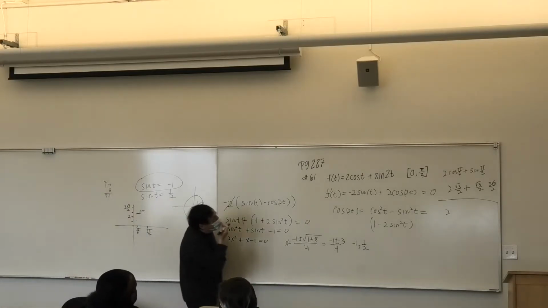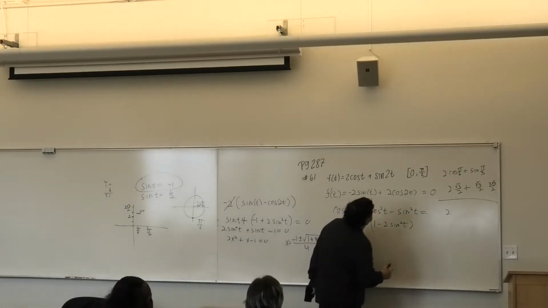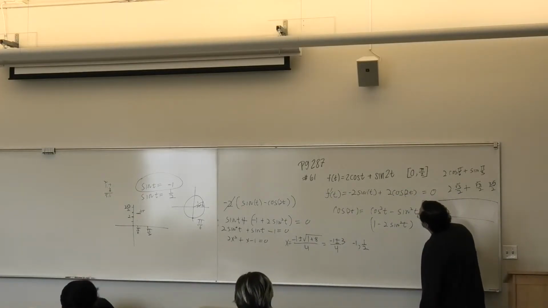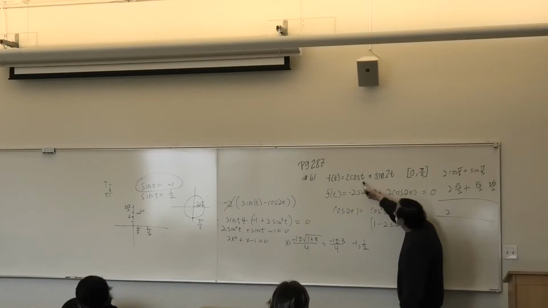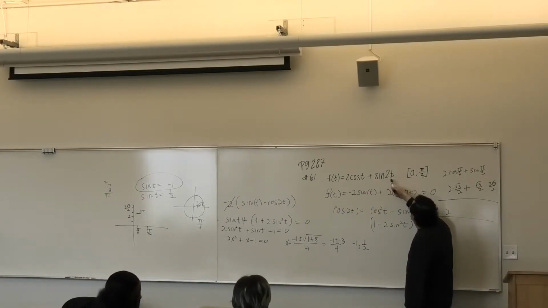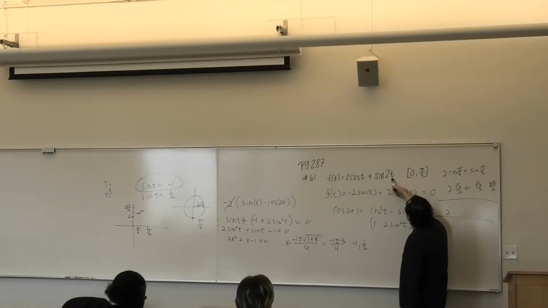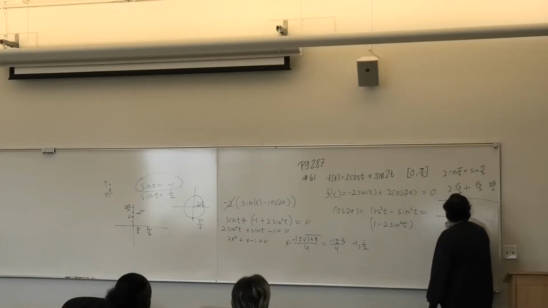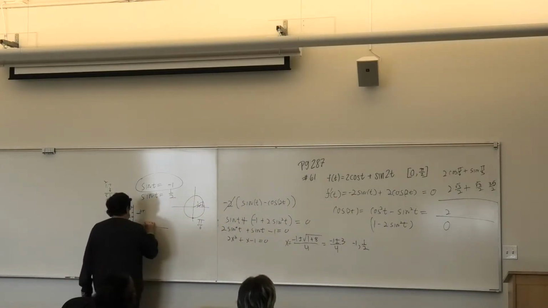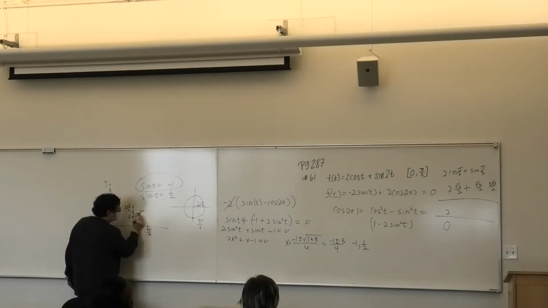And then at pi over 2, let's find out what this is at pi over 2. So the cosine of pi over 2 is 0, so that's 0. Sine of pi over 2, oh, 0. So here is 0. All right.